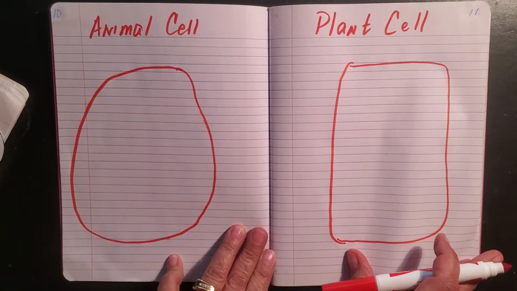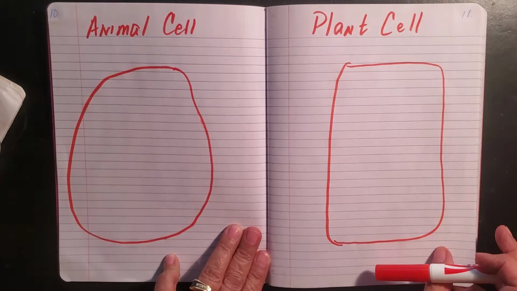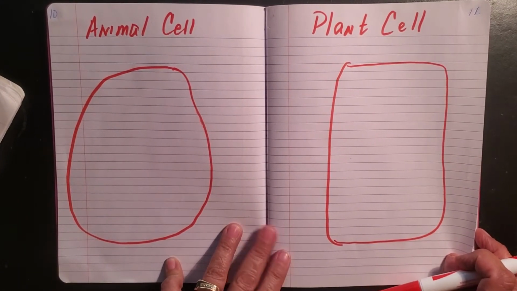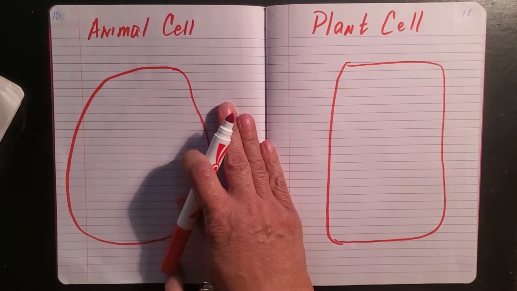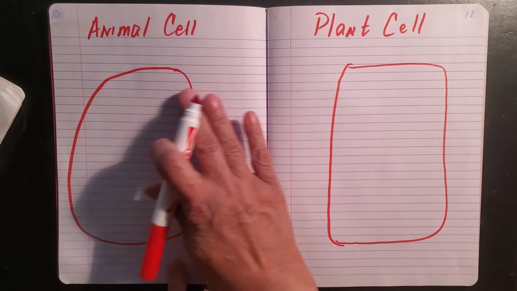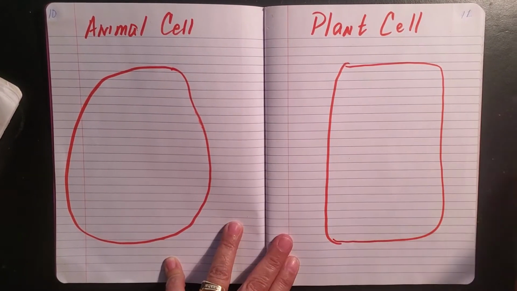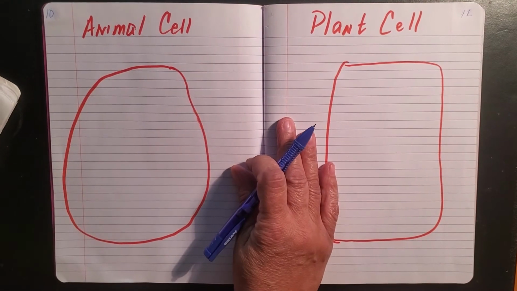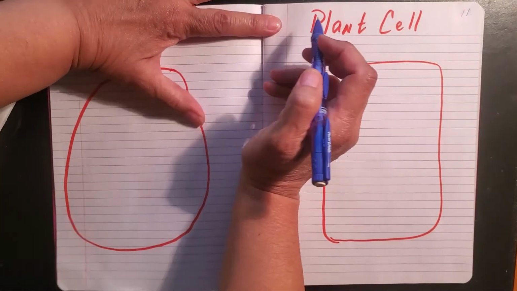On page 12, you're going to turn the page, and we're going to be writing the definitions of what a cell membrane is, for the animal cell and plant cell. I want you to know they share the same structure. So let's go ahead and label our cell membrane.